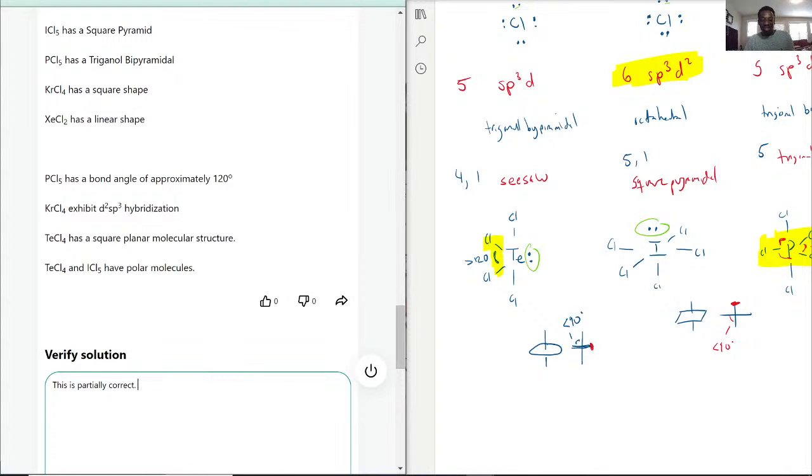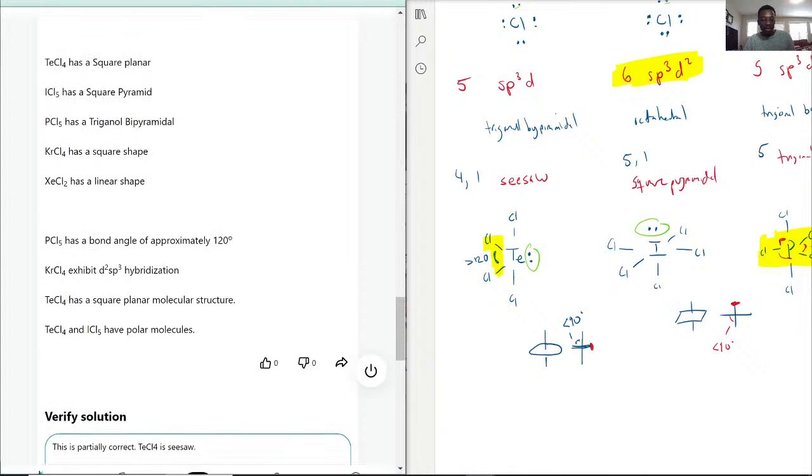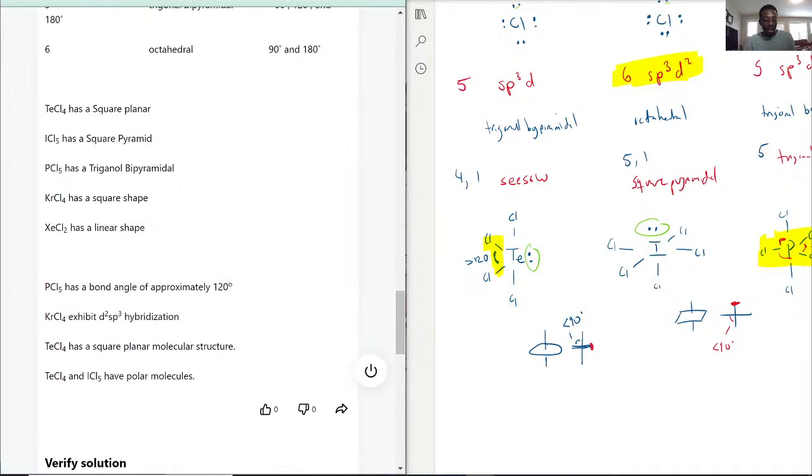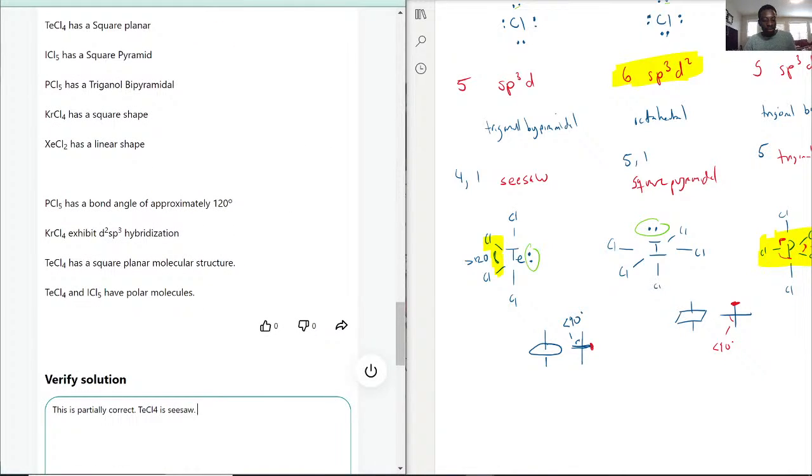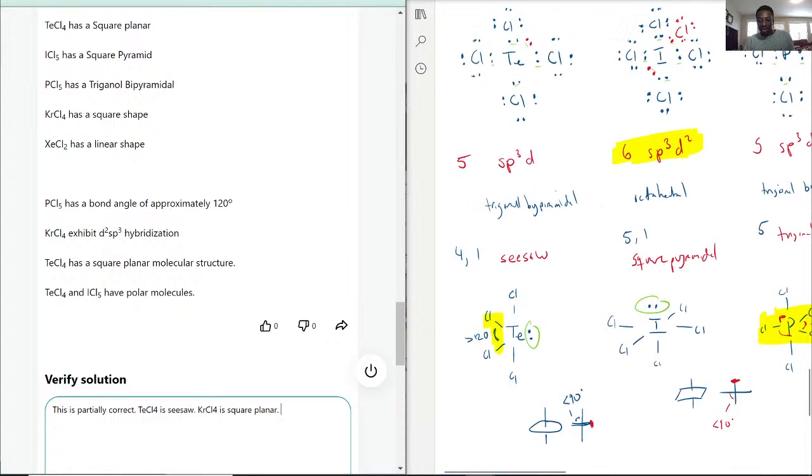So TeCl4 is seesaw, and what else did they miss? So let's start from the top. TeCl4 is seesaw. Okay. Where is it? KrCl4 is square planar. Where is it? Oh, there.